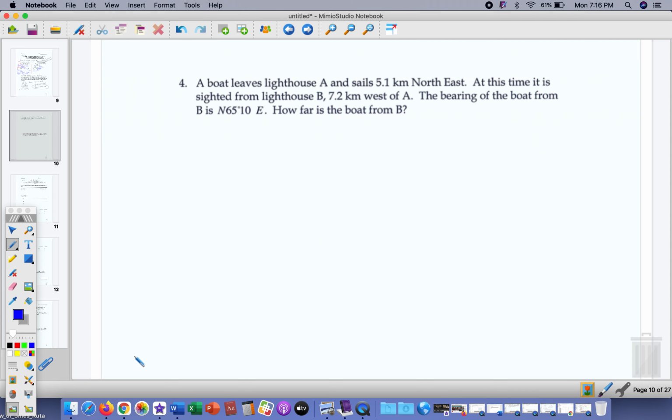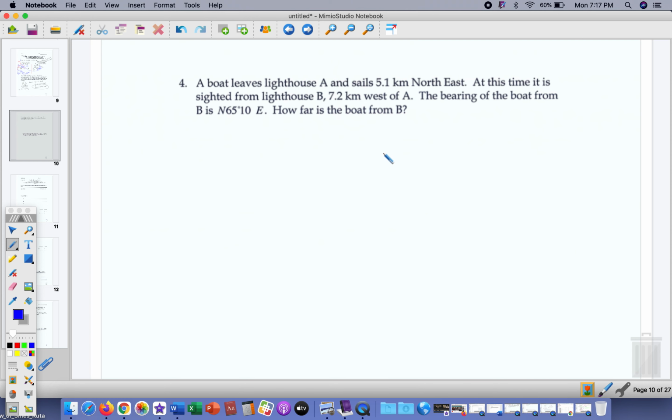At this time, it is sighted from lighthouse B, 7.2 kilometers west of A. The bearing of the boat from B is 65 degrees 10 minutes east of north. How far is the boat from B?